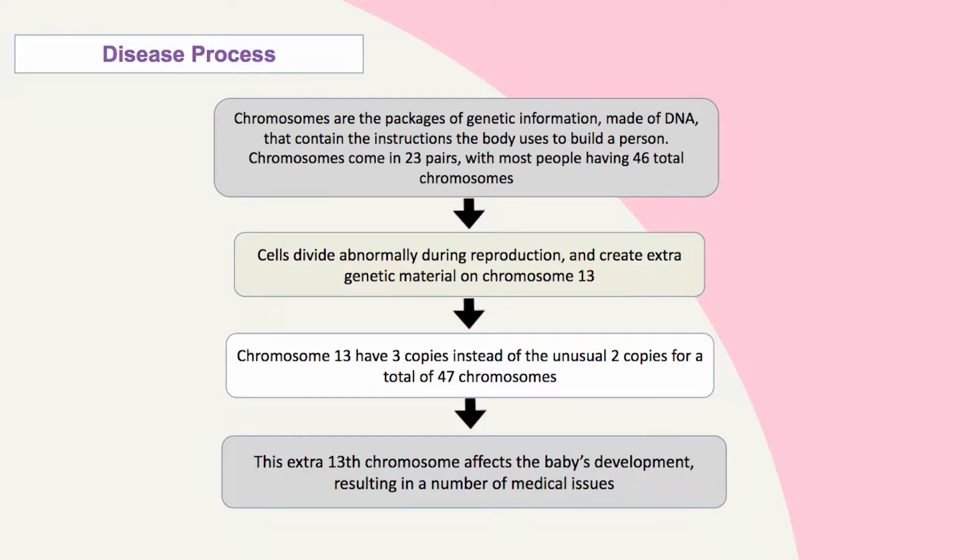Then, cells divide abnormally during reproduction and create extra genetic material on chromosome 13. Next, chromosome 13 has 3 copies instead of the usual 2 copies, for a total of 47 chromosomes, which leads to this extra chromosome 13 affecting the baby's development, resulting in a number of medical issues.